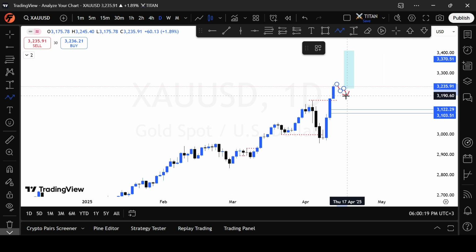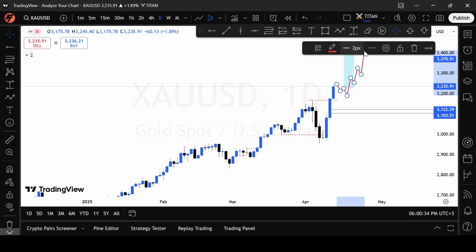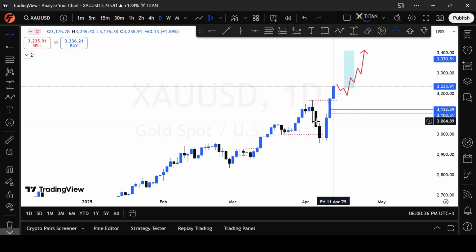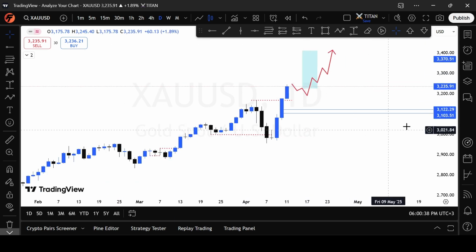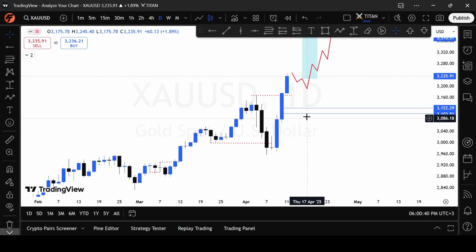So a retracement is expected, but eventually we expect that price will then break above the weekly open level, and from that level we expect bullish days after that, and probably push prices even higher. In the event that price doesn't come back to such a level, there's a possibility that it won't, right?